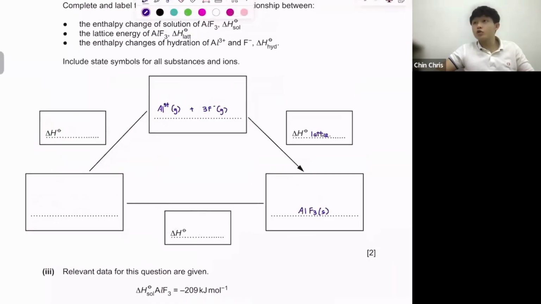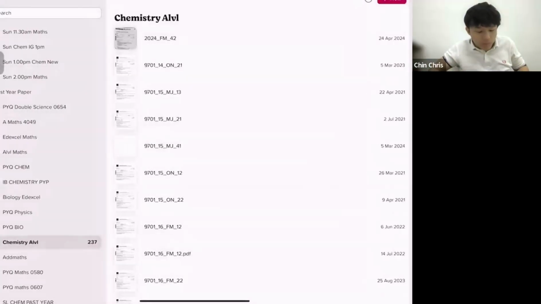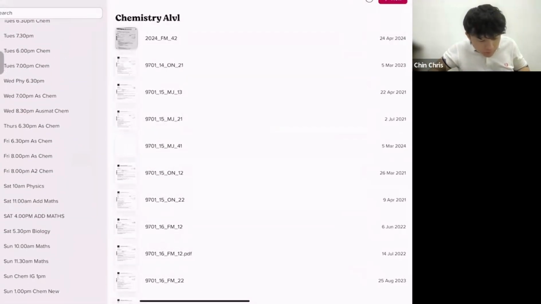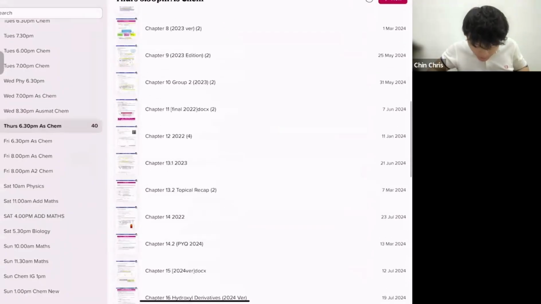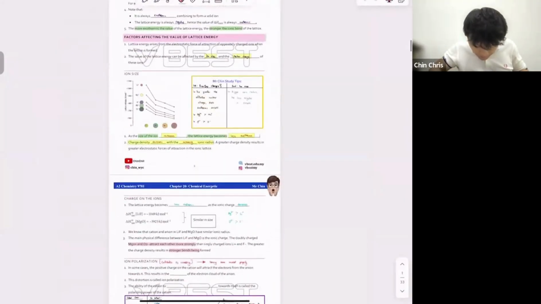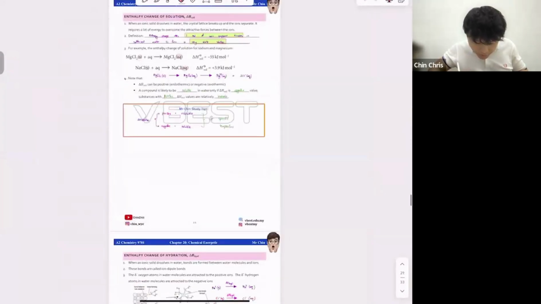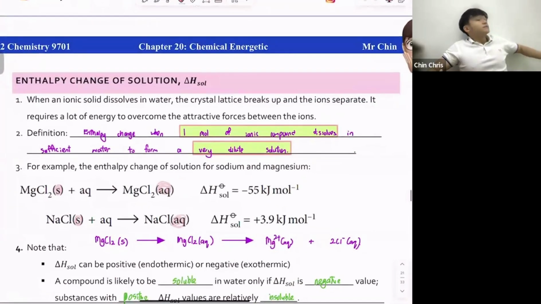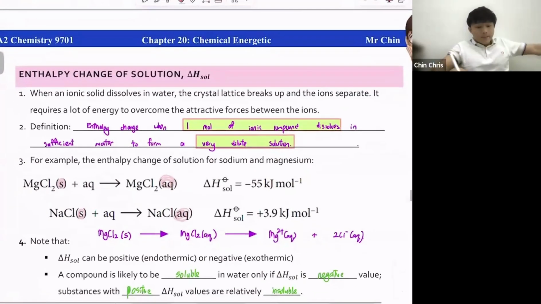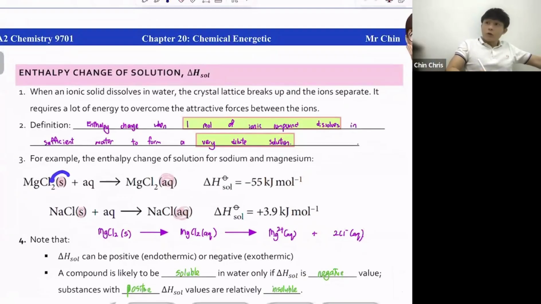Alright, guys, next we have solution and hydration. Again, what is solution? Please tell me, do you still remember what is solution? Alright, it's okay. I give you a quick recap. Solution is super easy. Solution is basically from a solid turns into aqueous.